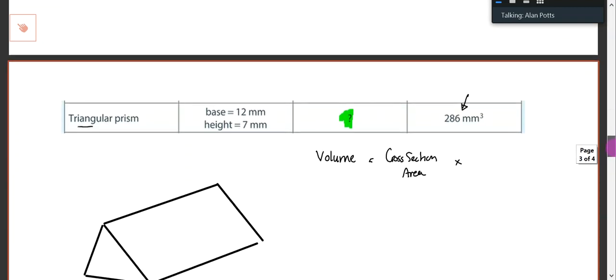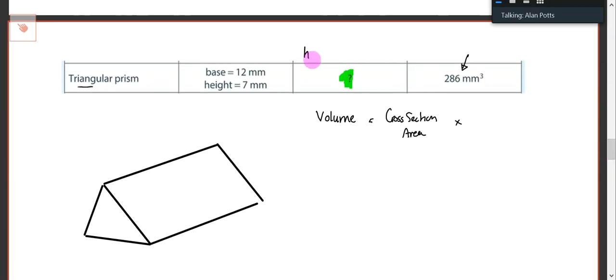The depth, yeah. Well, in this case, they've called it the height of the 3D object. So this is the cross section. This is the height, which is what we want to find, and this is the volume. So I cut those labels off.